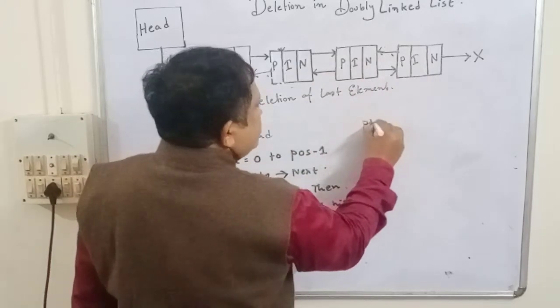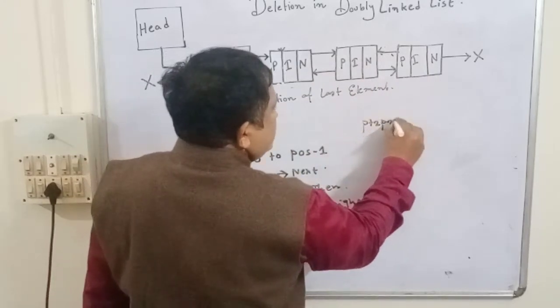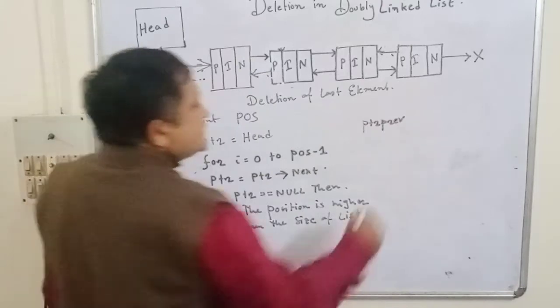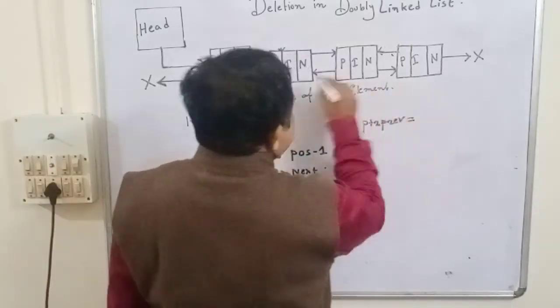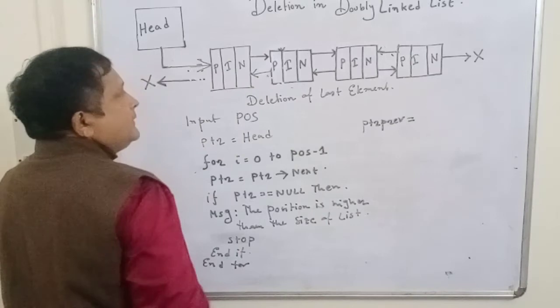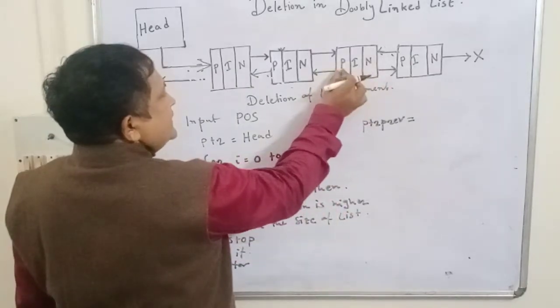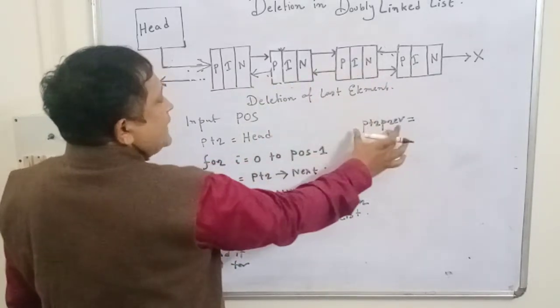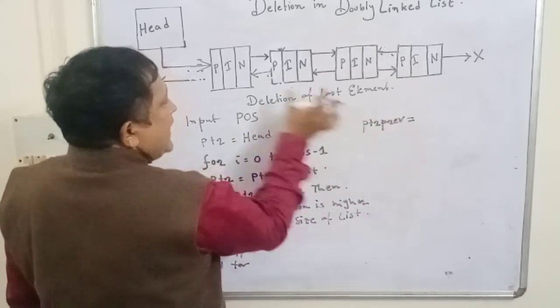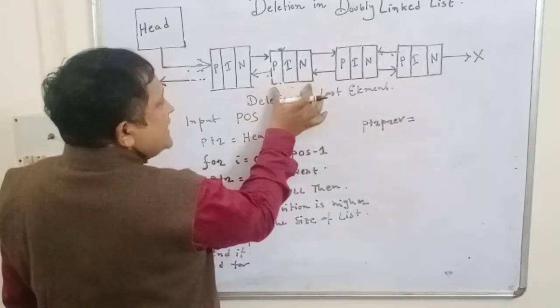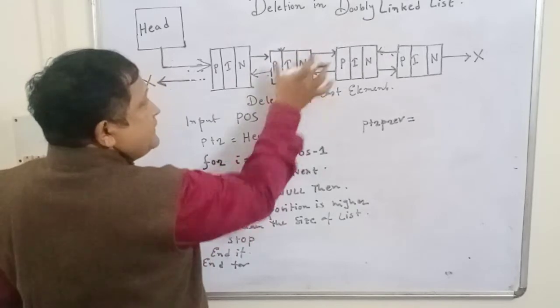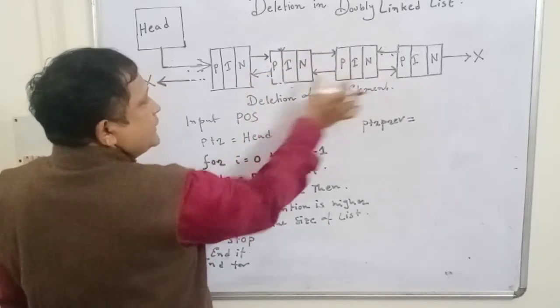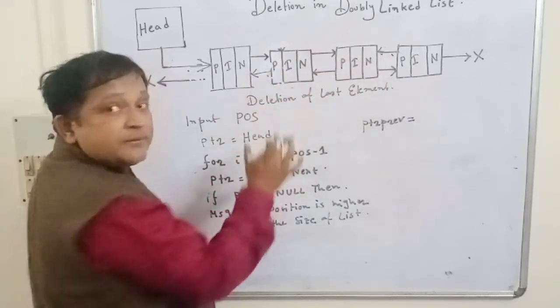So PTR prev: we have to declare the pointer and initialize it with PTR's previous node. We assign the address of the previous node of the node we want to delete to PTR prev.